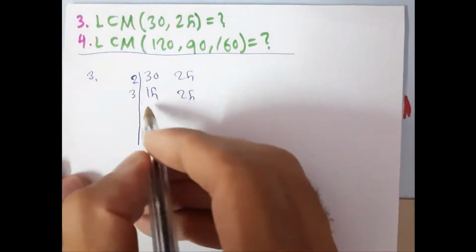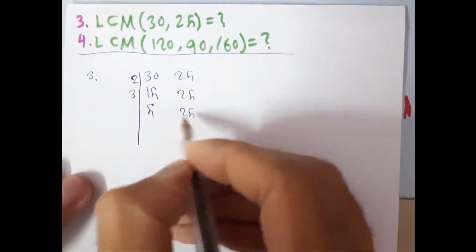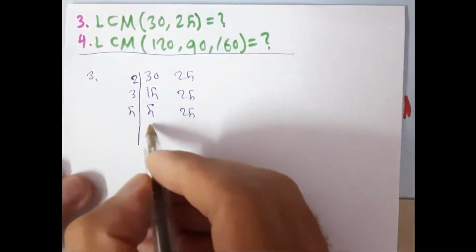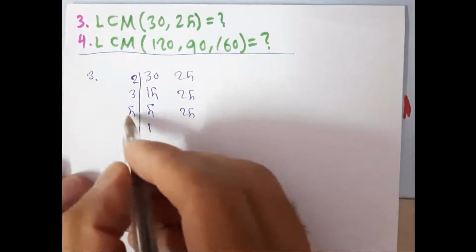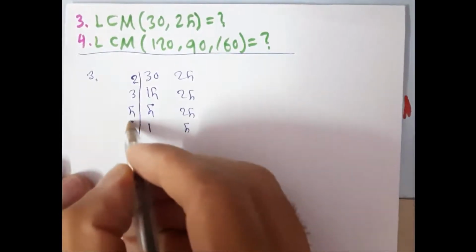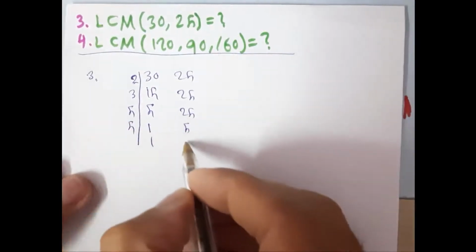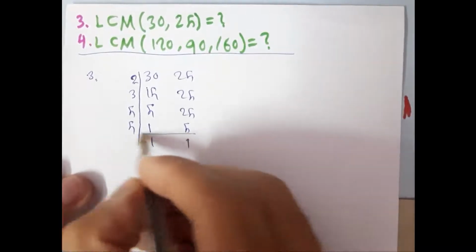So 15 divided by 3, 5. 25, here 5. 5 divided by 5, 1. 25 divided by 5, 5. 5 divided by 5, 1.